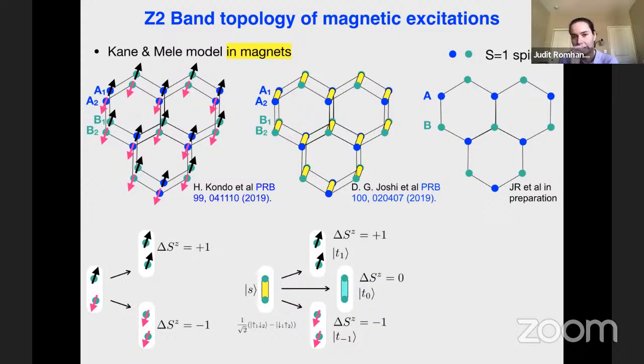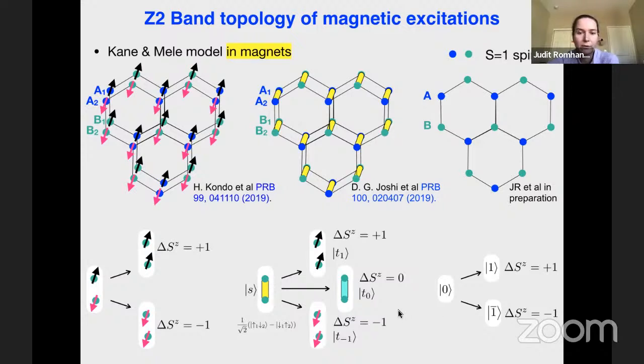Another example is, instead of a bilayer system, one can consider a single layer system that has higher spins, for example spin 1. If we have a strong easy plane anisotropy, then we can realize the zero state as the ground state, and the +1 and -1 states are going to be our local excitations that also have these spin flavors, so to speak, the upspin and the downspin.